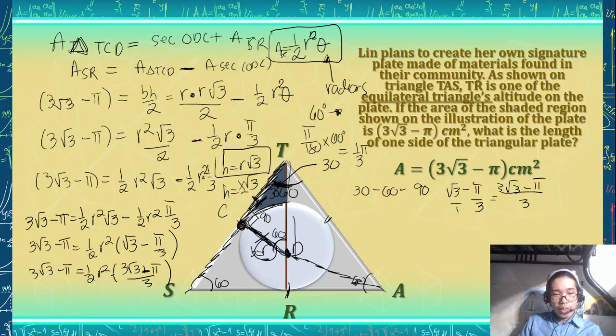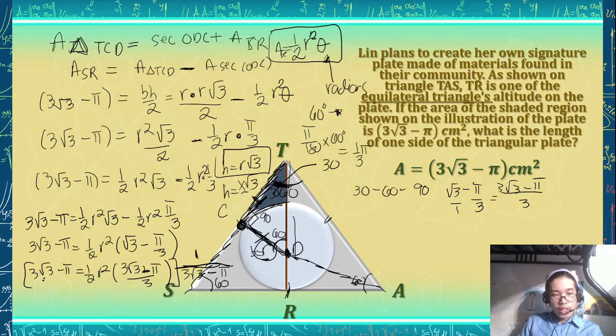So therefore, we can cancel out the numerators by multiplying both sides by the reciprocal of 3 square root of 3 minus pi, which is 1 all over 3 times square root of 3 minus pi.